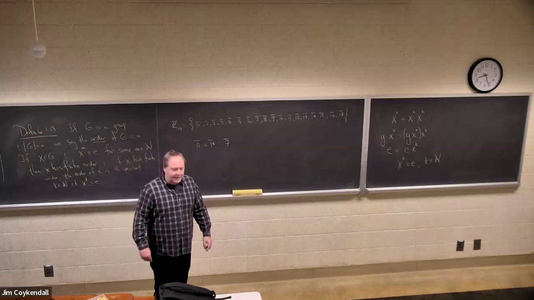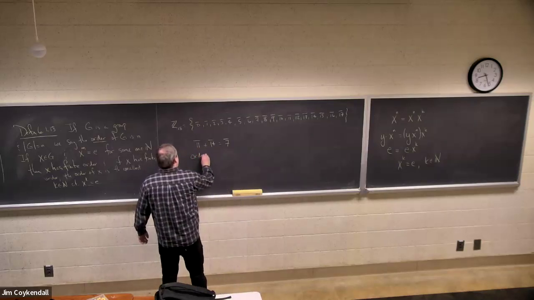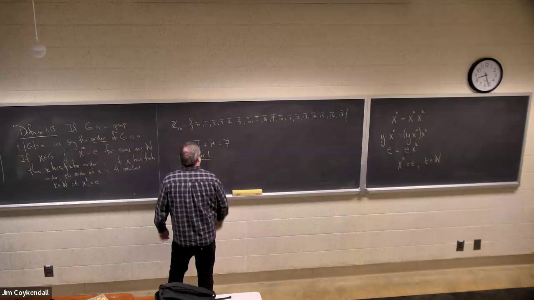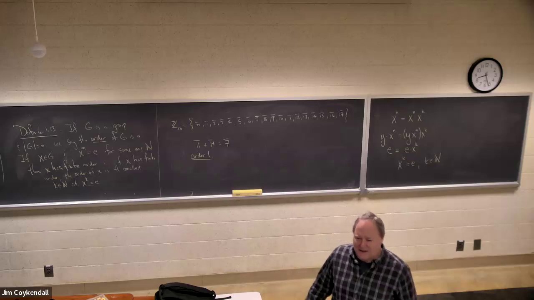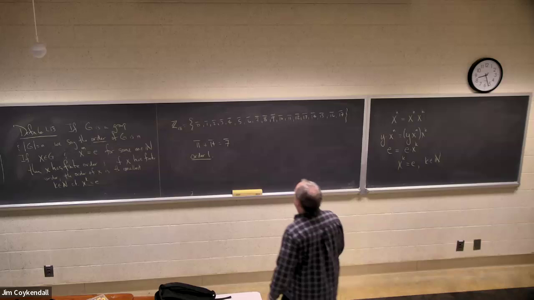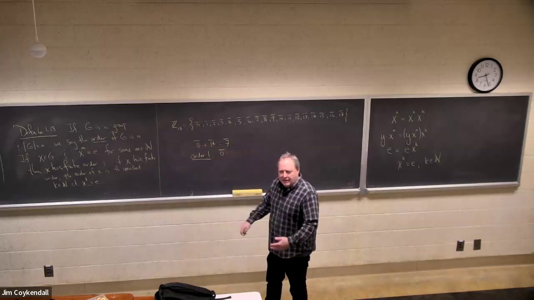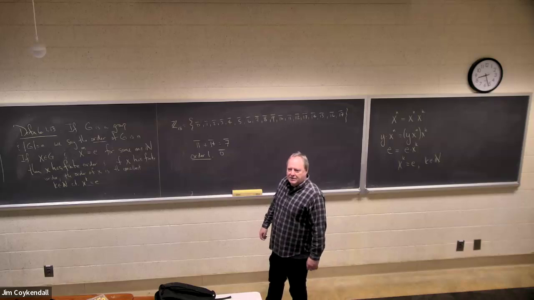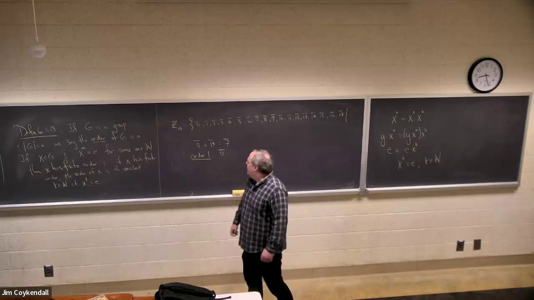What are the orders of the elements? There's one element of order 1. What is that? How many times do you have to add it to itself to get the identity? Just once, it's already the identity.